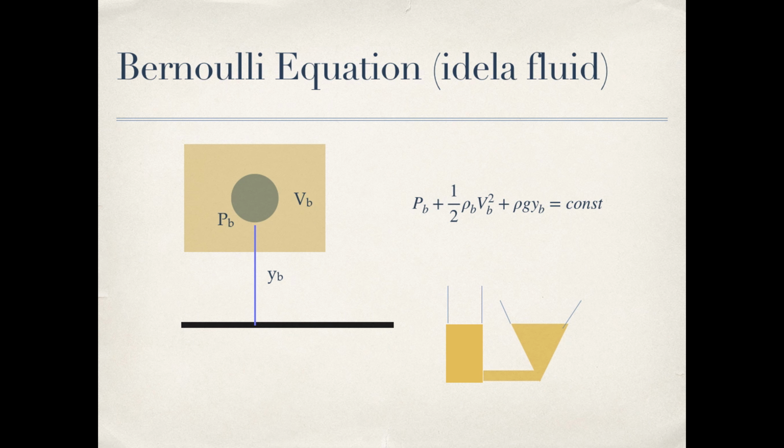And in order to derive that formula, let's consider a volume of a liquid which is in a container in a gravity field, and let's think for a while about a certain amount of the liquid, which I show you as this gray blob inside of the container.